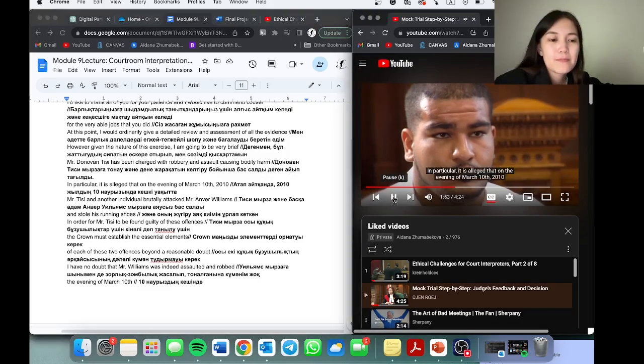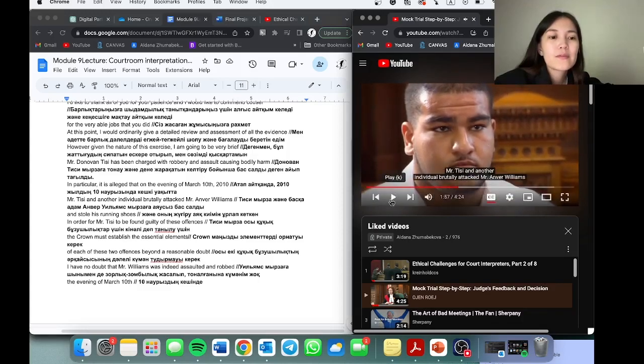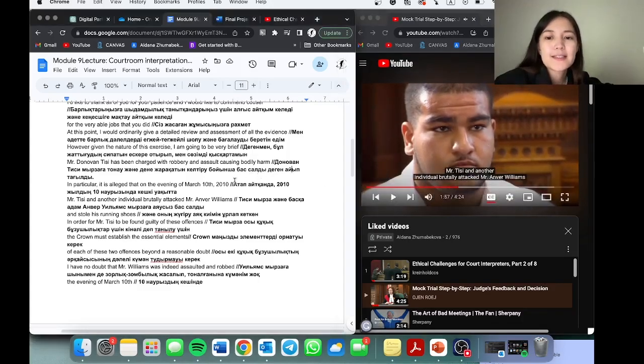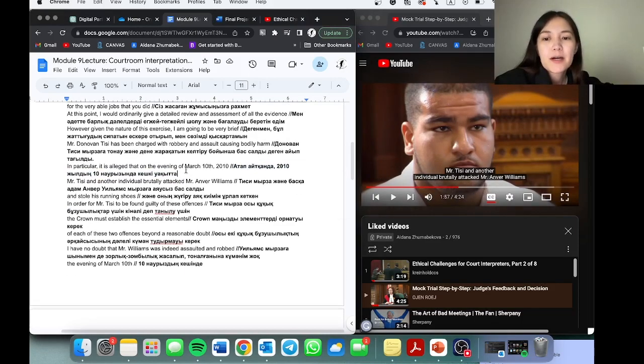In particular, it is alleged that on the evening of March 10th, 2010... All right, the dates. The dates occur a lot in court cases. March 10th, 2010. So you will have the date as well. You will be provided with all the details that have been used as evidence to charge the defendant.